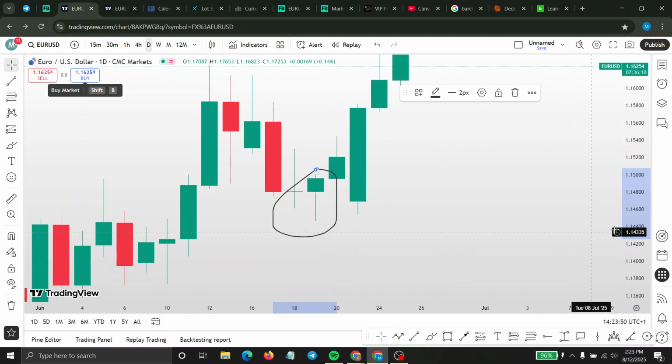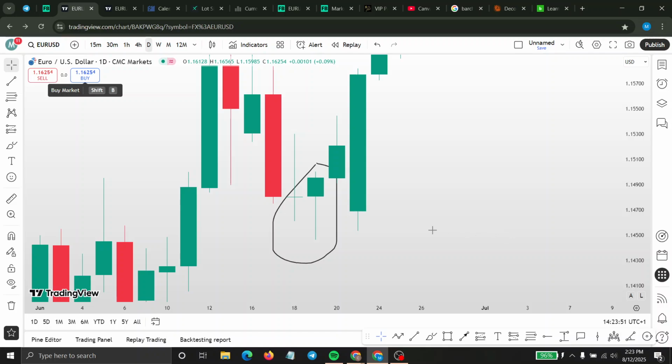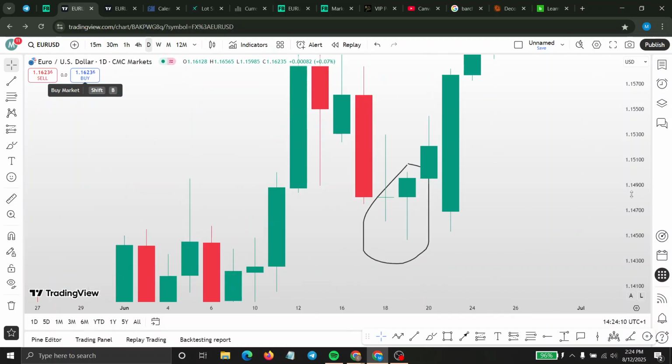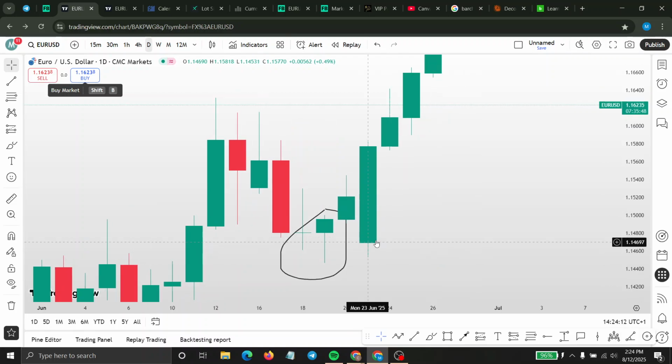It's just like the exact thing I said. This candle opened here. During the formation of this candle, the sellers pushed the price all the way down, then they pushed it back up and eventually closed above the open price. What happened afterwards? The market started buying.